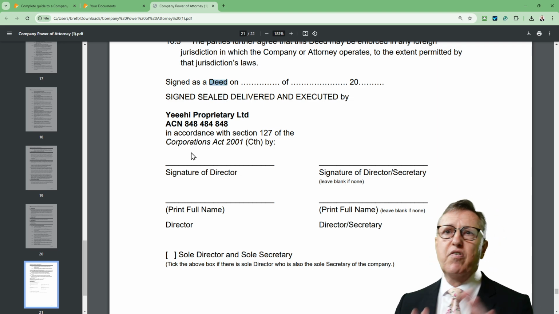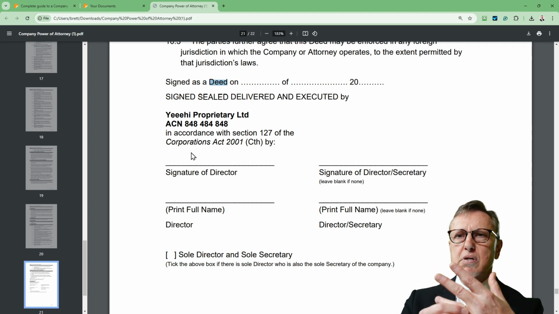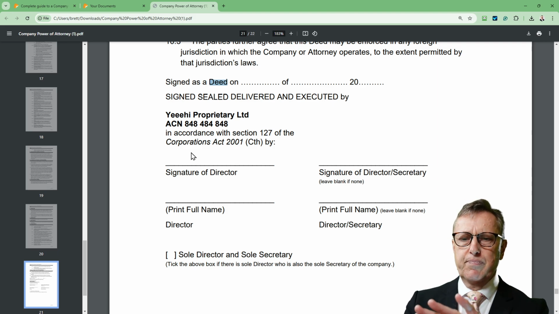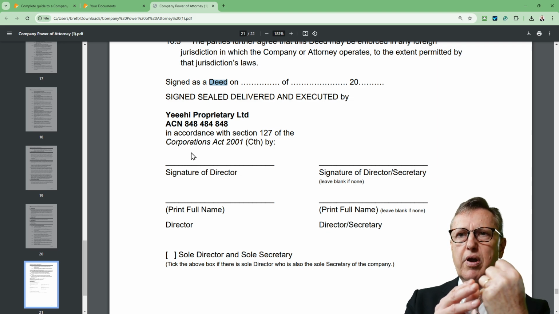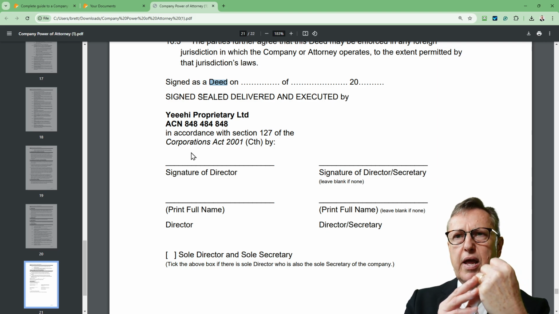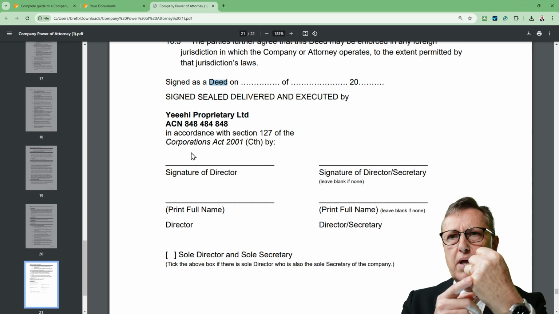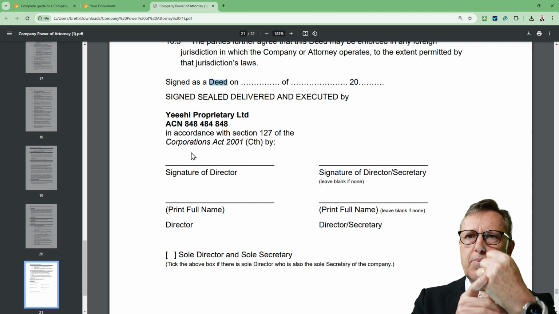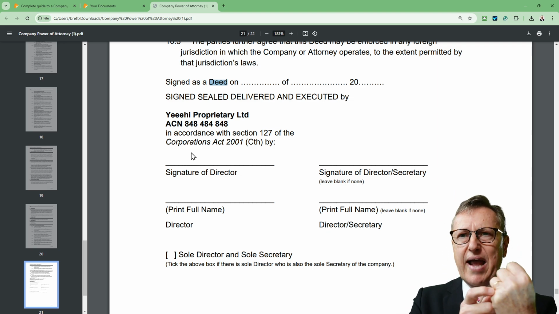A deed is a very peculiar type of document. Back when the Normans invaded in the Battle of Hastings, when the English were thrown out, the Normans took command. The nobles would have a ring, and whenever they did a document, they would seal it with their ring, and there'd be a bit of wax, and they'd seal it.